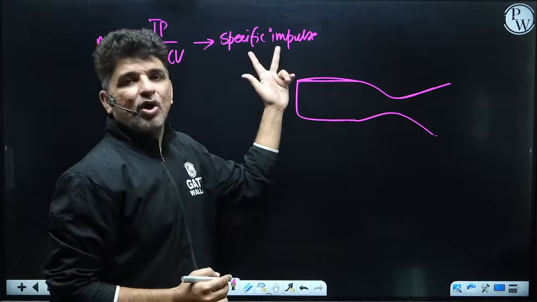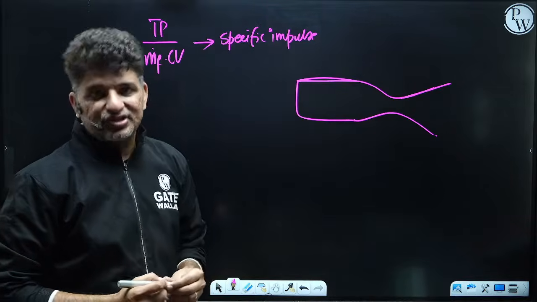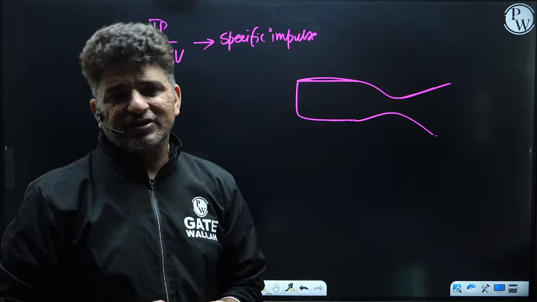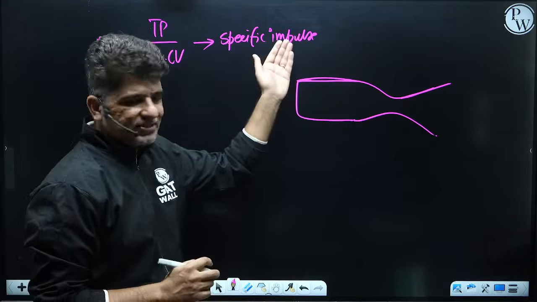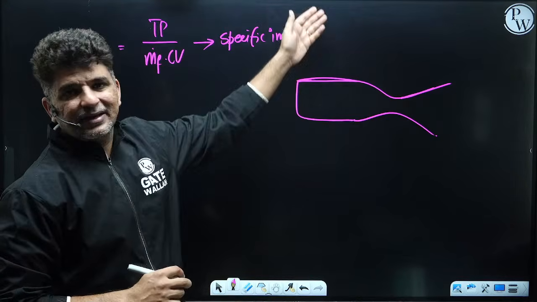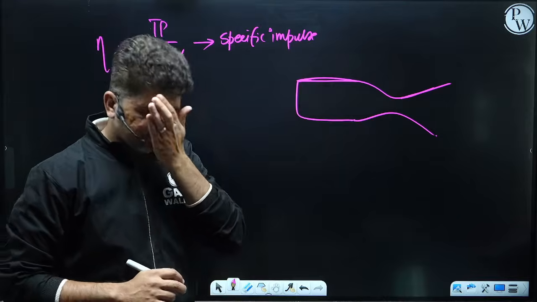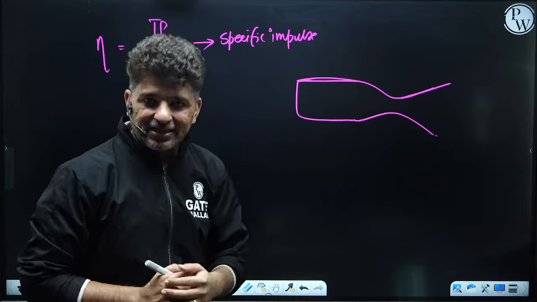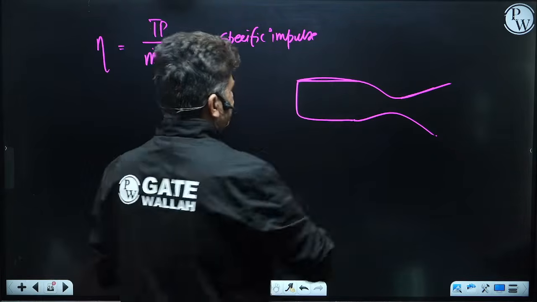We will see what a specific impulse is and how it looks, and why we have to define this. Okay, that we will see later when we study rockets in detail.